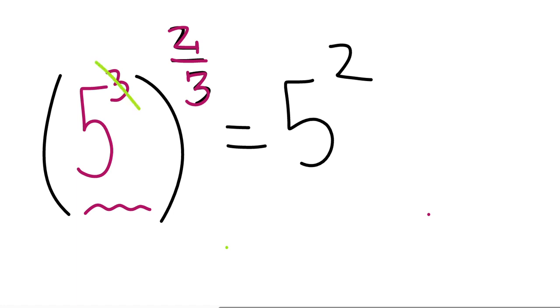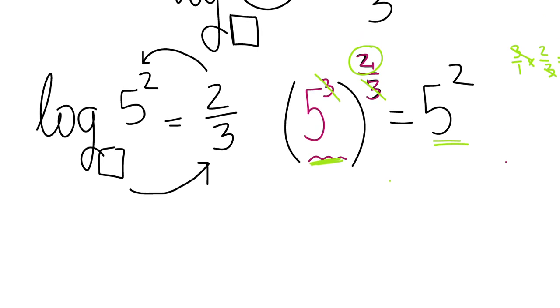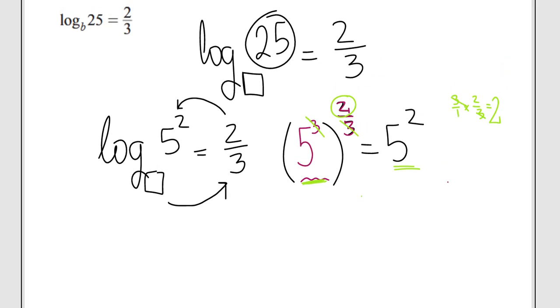We cross out 3 and 3 here because 3 multiplied by 2 over 3 will give us 2. So 5 to the power of 2 is equal to 5 to the power of 2. Then our base was supposed to be 5 to the power of 3, which is this thing from the brackets.